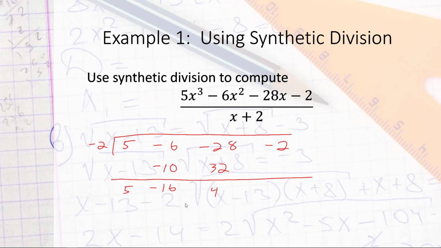Then finally, -2 times 4 is -8. -2 plus -8 is -10. So this right here is our remainder.